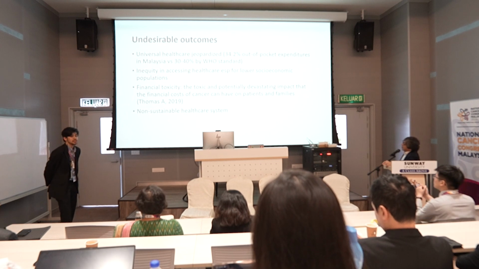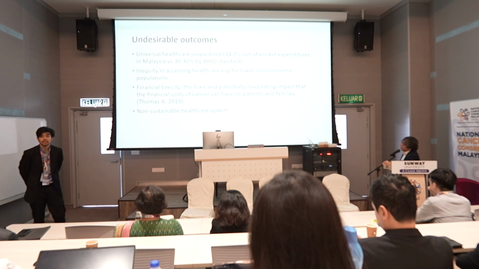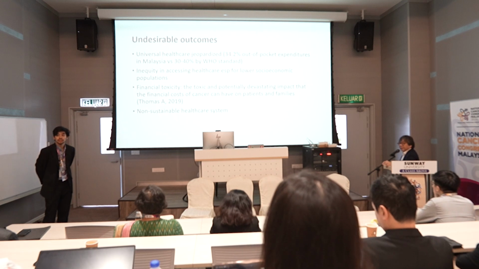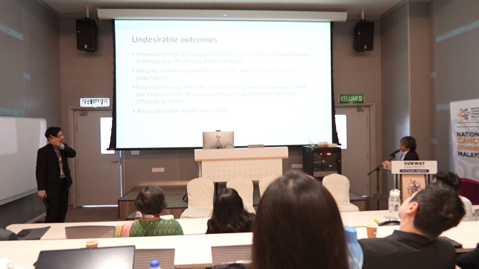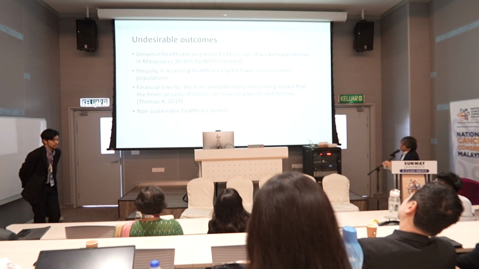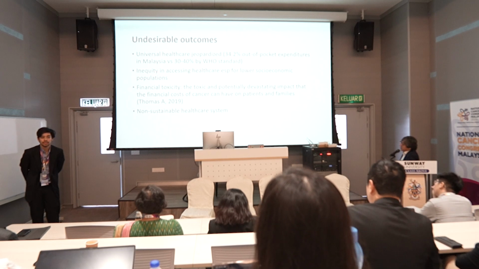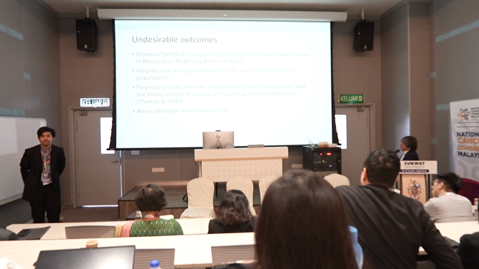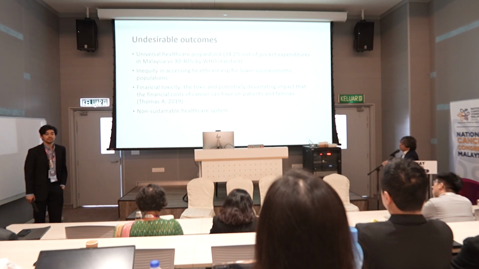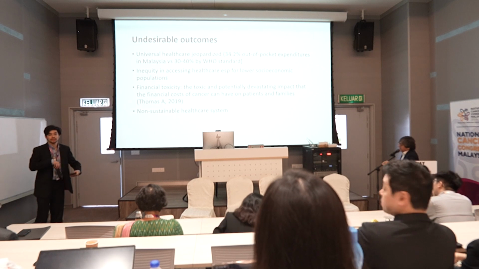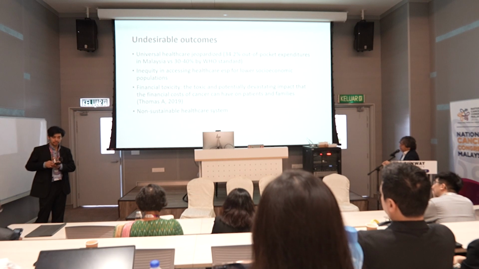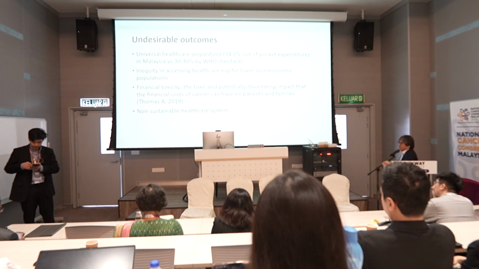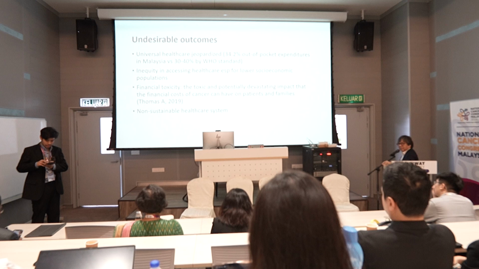Because at the moment our OOP stands at 34.2%, pretty much touching the ceiling of the WHO's recommendation, and because of that, there is increasing inequity in accessing healthcare, especially for the lower socioeconomic populations. And alongside that comes financial toxicity as well. And then when all this blends together, our healthcare system becomes very unstable.